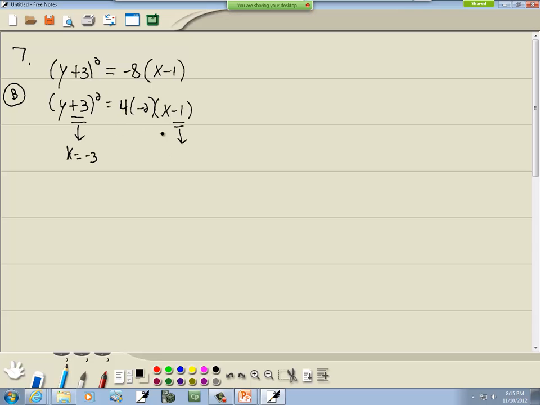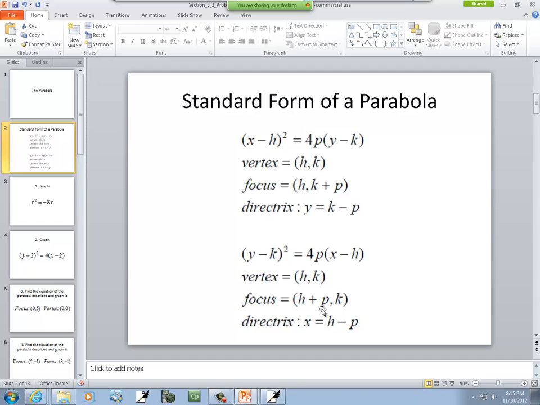Doesn't matter if they're flipped around. And h is opposite sign, which is positive 1. And our p will be negative 2. Now our vertex is always h, k. So it'll be 1, negative 3 for a vertex. Now our focus is h plus p comma k.